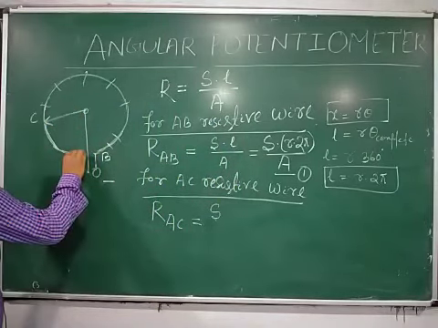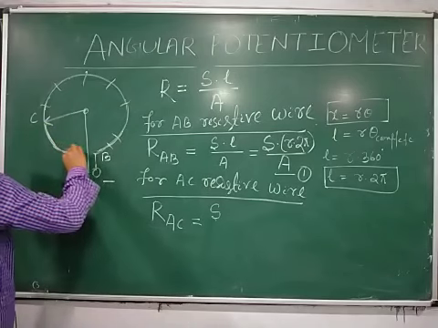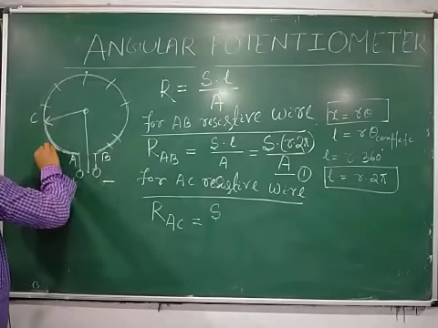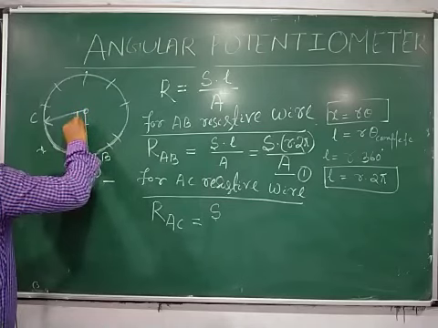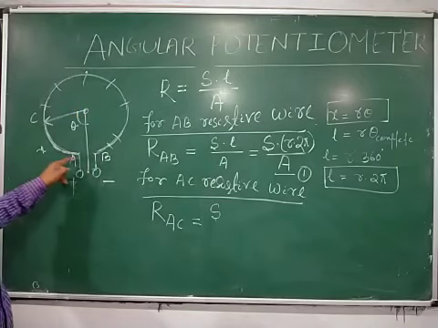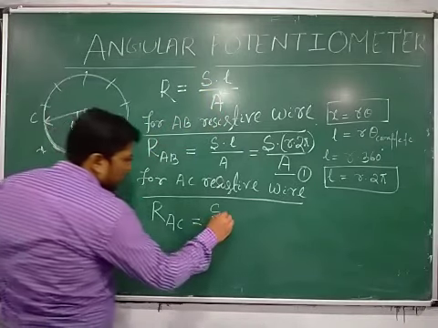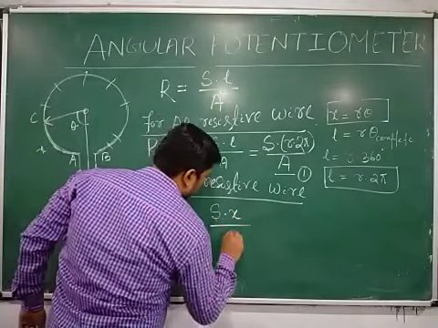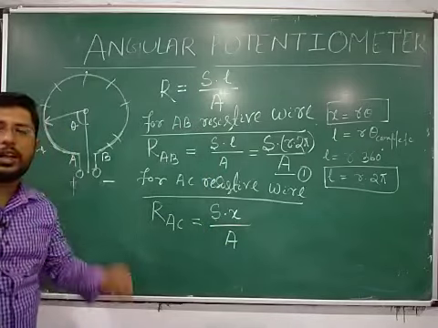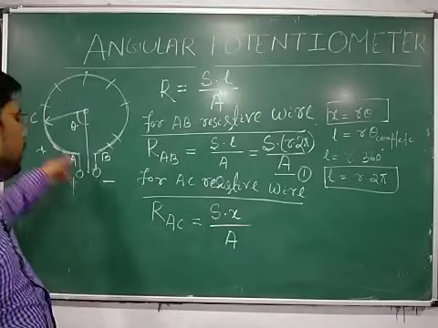L will be this part. Let this part be X and the angle turned be theta. So in place of L, I write X divided by A, where A is the cross-sectional area of the AC wire.